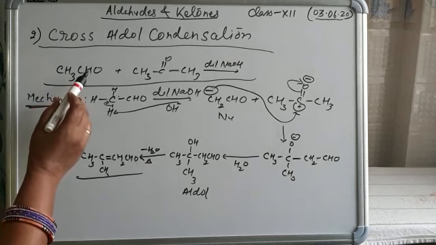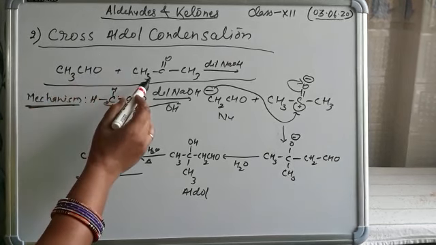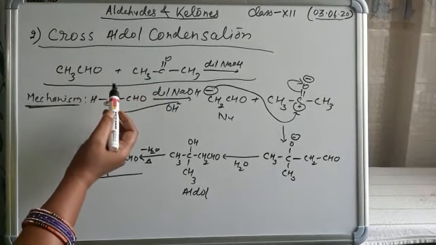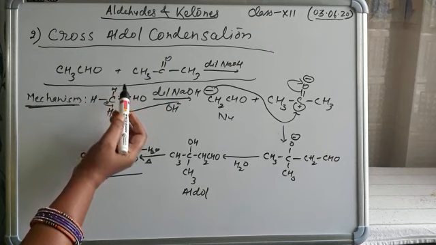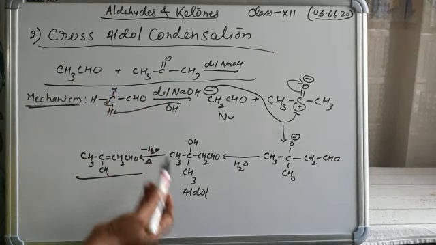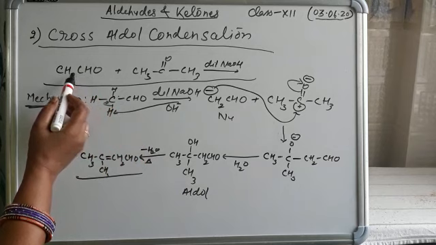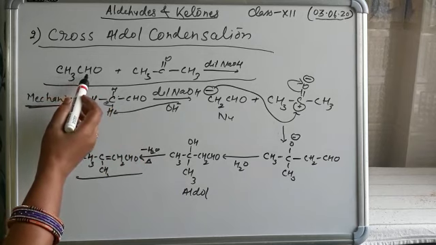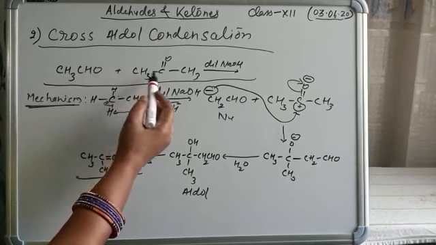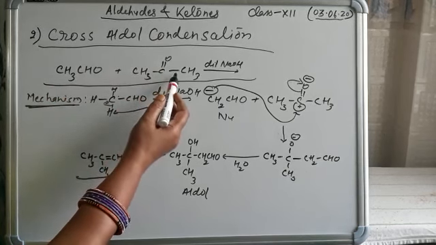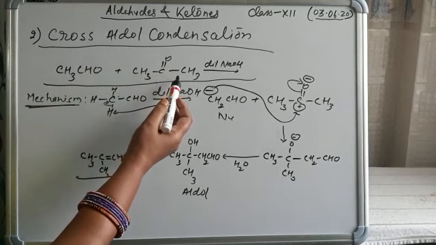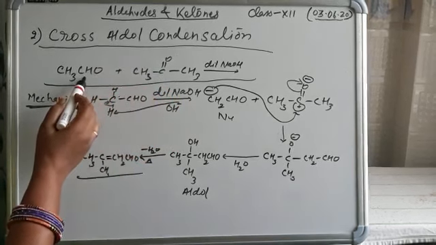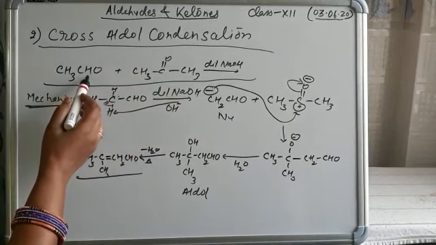Remember here, if two different molecules are taken in the cross aldol condensation, and both of them contain alpha hydrogen, there will be a mixture of aldols formed. How? See here, when ethanol reacts with each other, one product forms. When acetone reacts with each other, it forms one product. When this becomes the nucleophile and this becomes the electrophile, another compound forms.